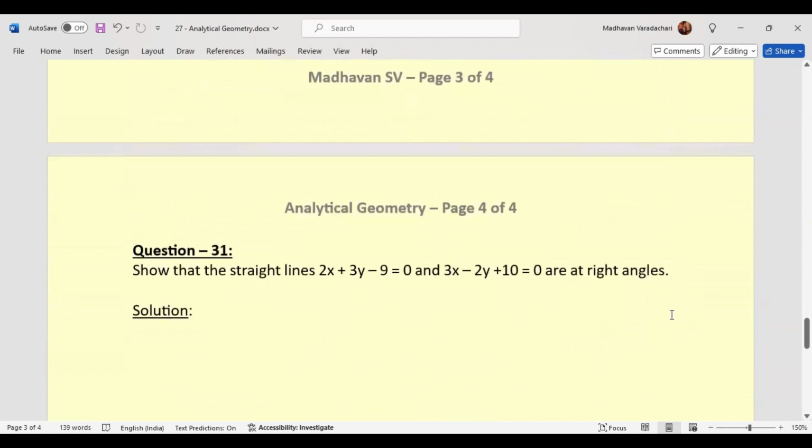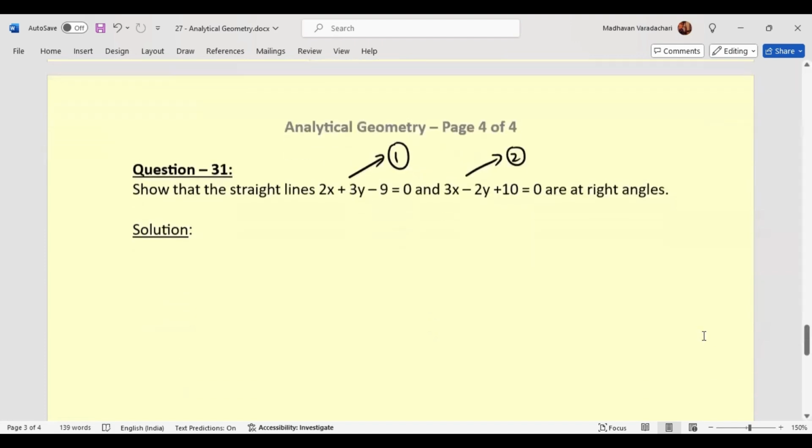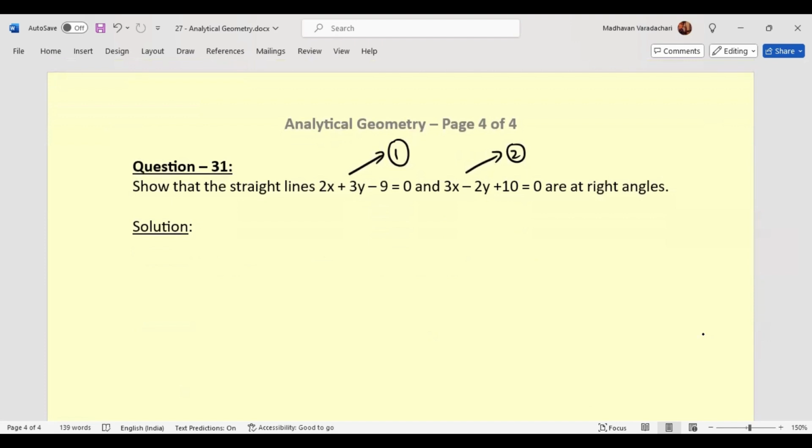Next question, question 31. Show that the straight lines 2x plus 3y minus 9 equal to 0 and 3x minus 2y plus 10 equal to 0. Consider this as equation 1 and equation 2 are at right angles. Means we will identify the slopes first.